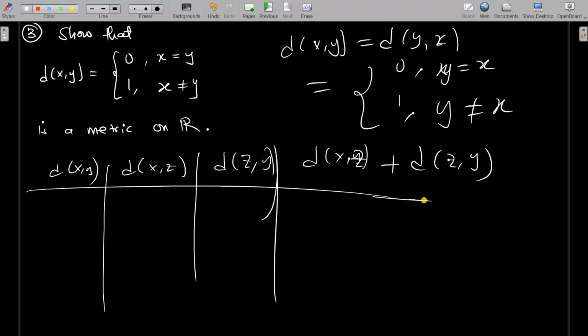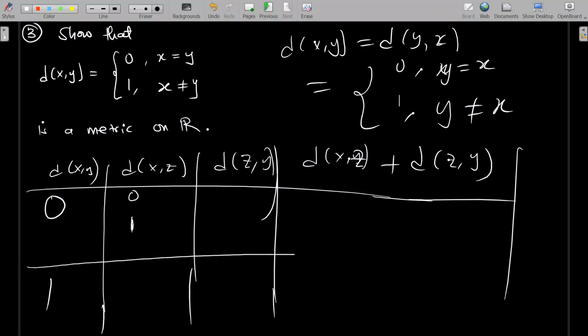Okay, so you can look at them like that. So d of xy will always give you a 0 or 1, but this also can be 0 or 1. Okay, so you are looking at d of xy being less than or equal to d of xz plus d of zy.